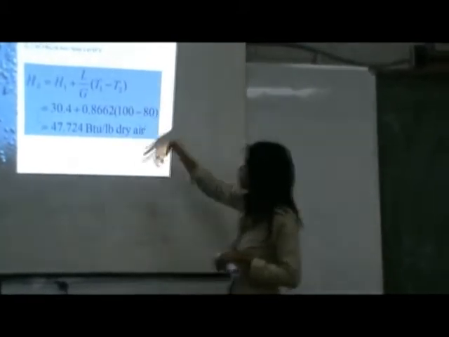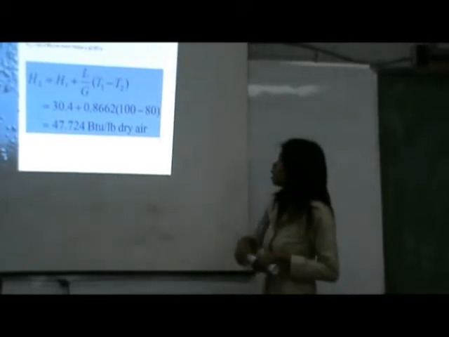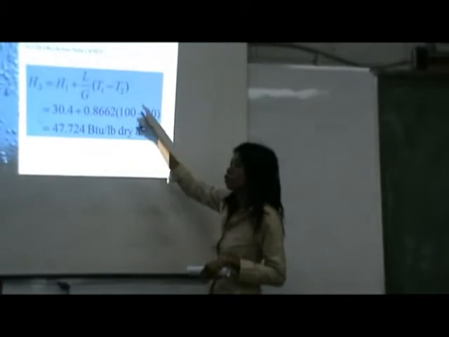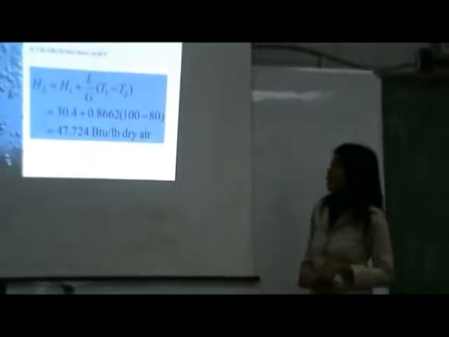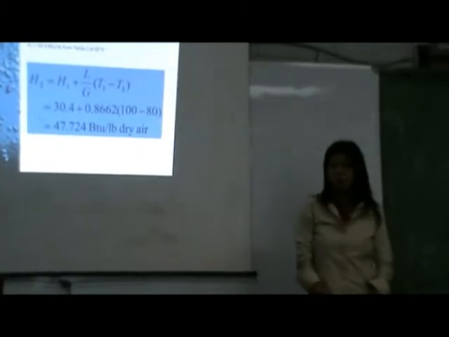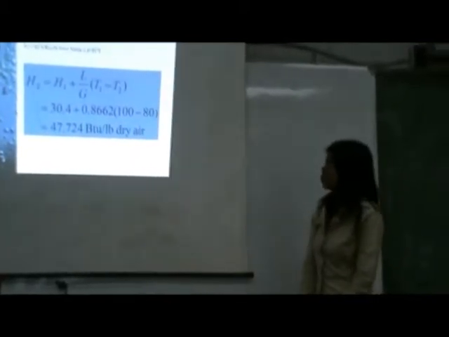T2 here will be constant at 80 degrees Fahrenheit. We will just vary T1, from 80 to 100, to get our H value, or enthalpy value, for the equation for our T over L. So here we will get 47.7.